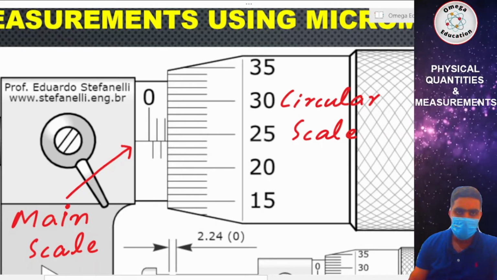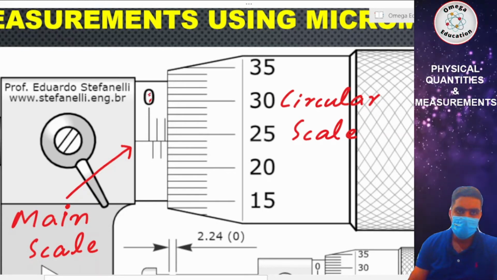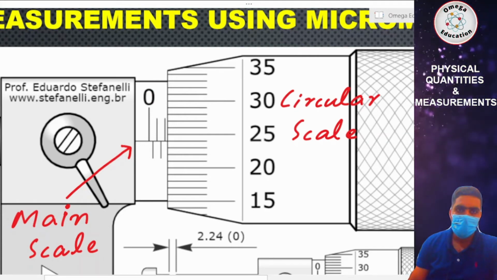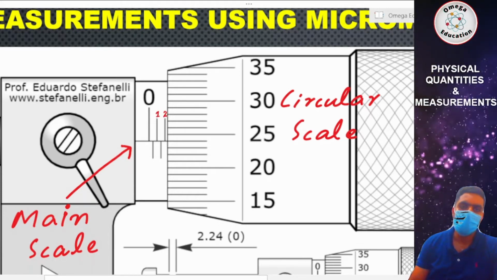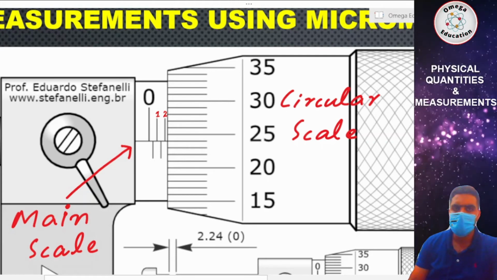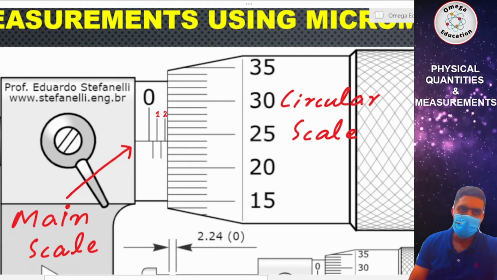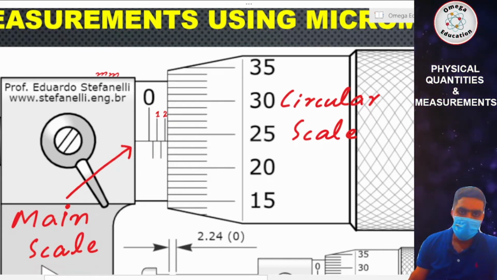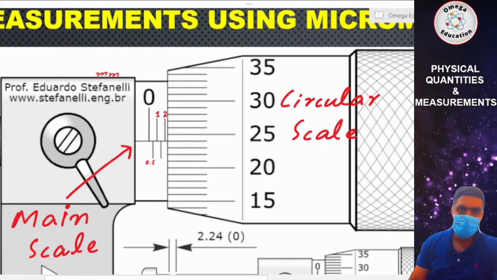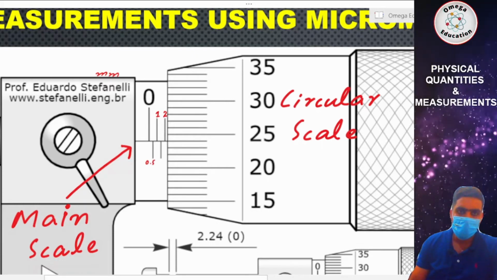Then the line next to it represents 1, and the next line represents 2 millimeters. This main scale is in millimeters. The lower line between 0 and 1 represents 0.5, and the lower line between 1 and 2 represents 1.5. These are the things that we should be aware of.